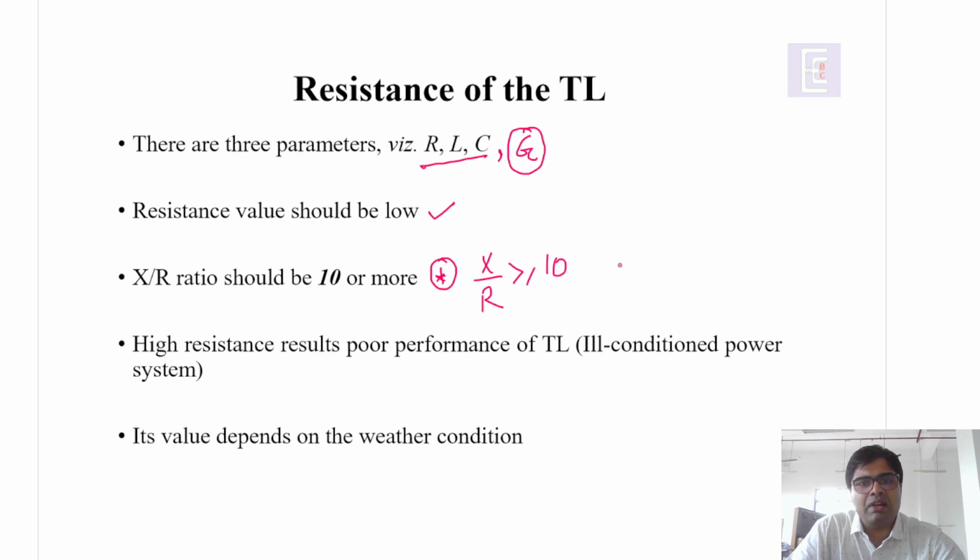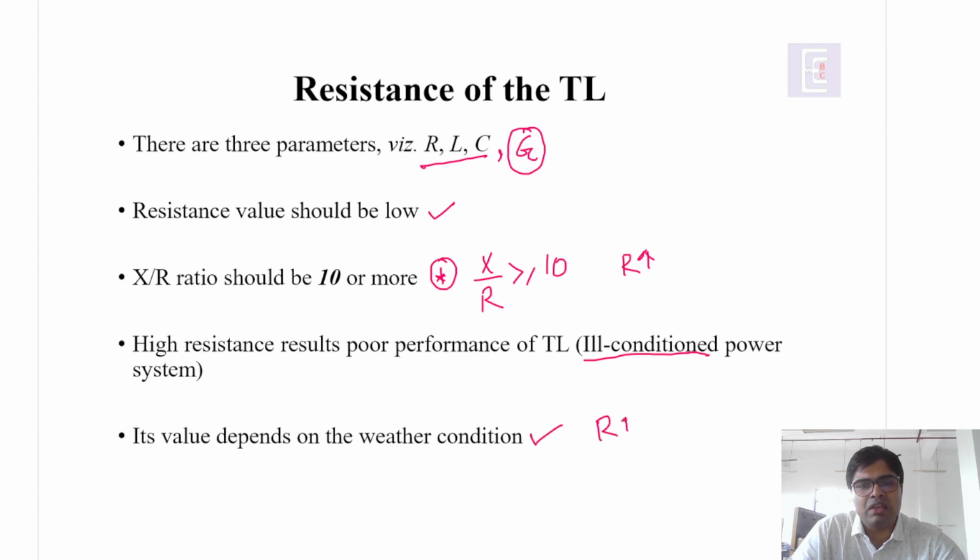If the R value goes high, then that is not good for our system, and that power system is called an ill-conditioned power system. So with a high value of resistance, we say that the power system is ill-conditioned. And of course, the value of resistance depends on the weather.